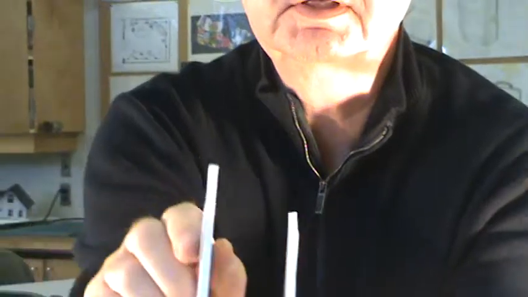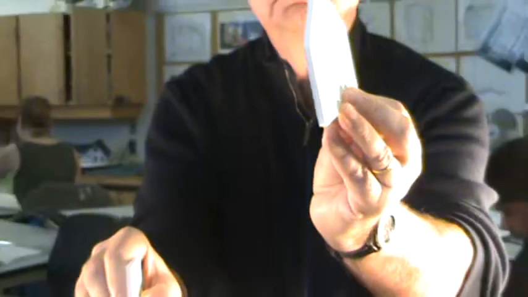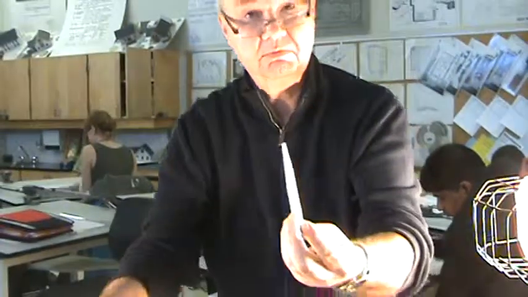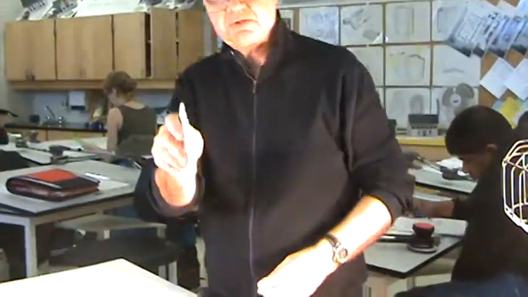If you can look at the edge now and compare it with the edge that I just did prior to that. This is the raggedy one, this is the clean one. Do you see the difference? How's that coming out, Daniel? Can you see it? Okay, so this one here is what I would call a pretty good piece that will adhere to the glue and will also adhere to the next part in line.